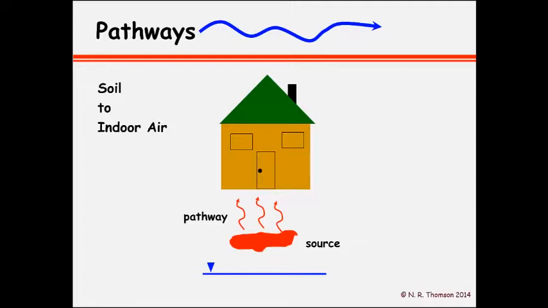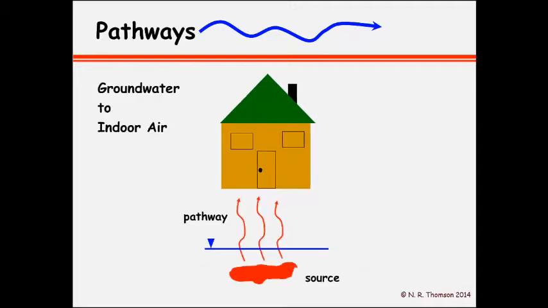So we have a soil to indoor air pathway. We could also have the very similar case of the source located below the groundwater table, and in that case we would have a groundwater to indoor air pathway.